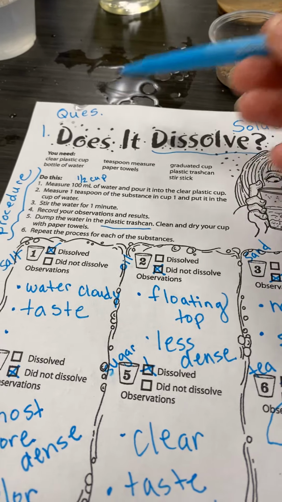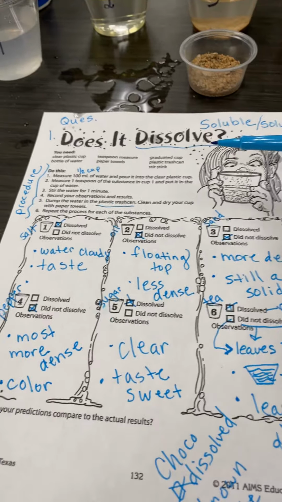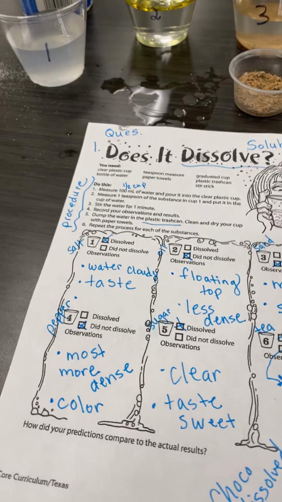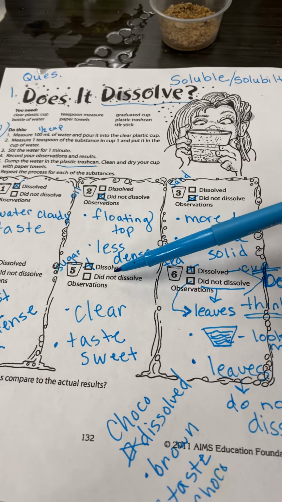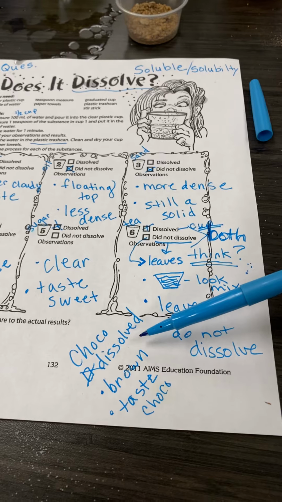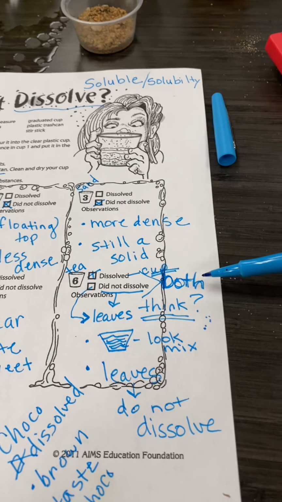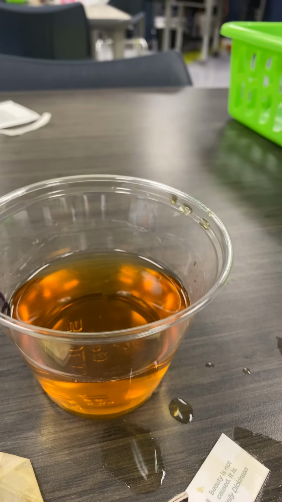We had our question, does it dissolve? Once I analyze my data, yes, the salt dissolved. Yes, the sugar dissolved. Yes, the chocolate syrup dissolved. And we could say yes, once the tea has been made, what's in the cup evenly mixed.